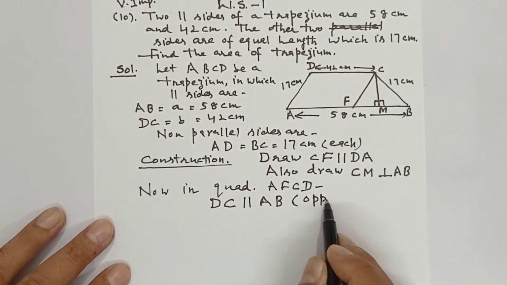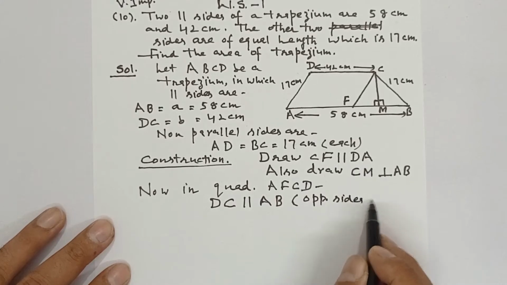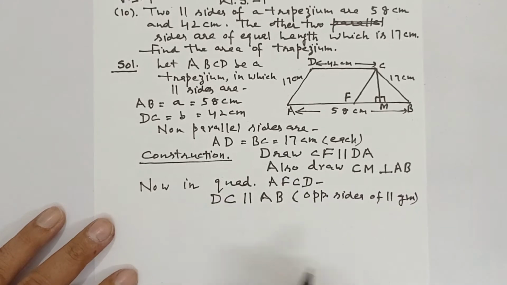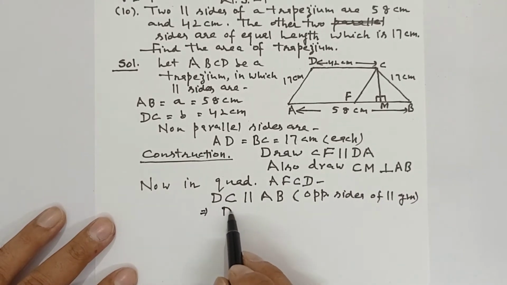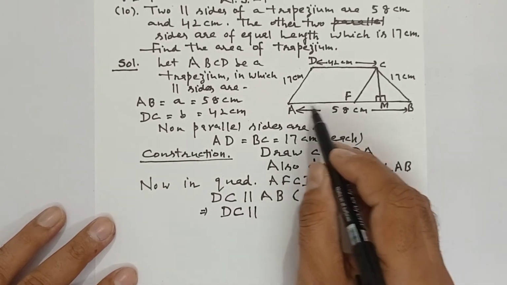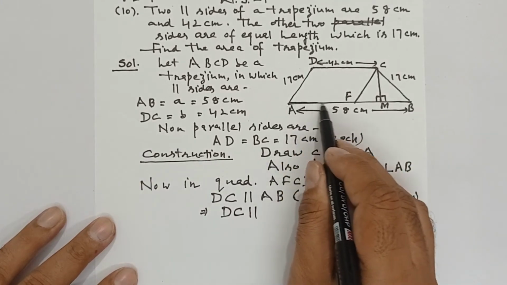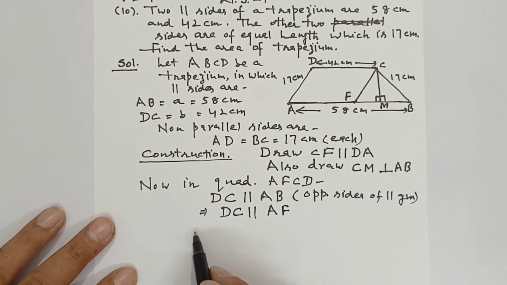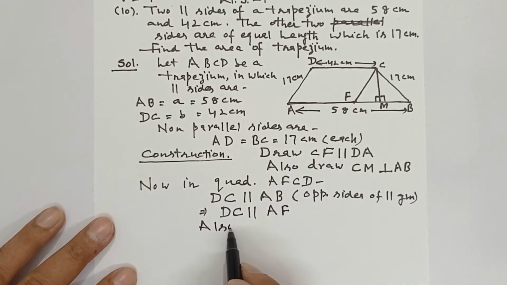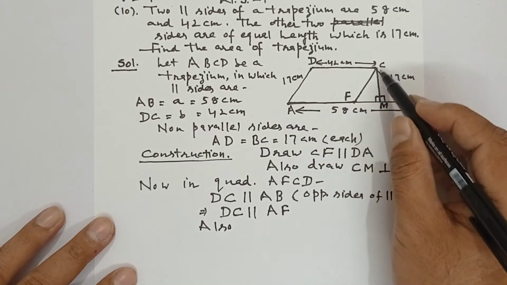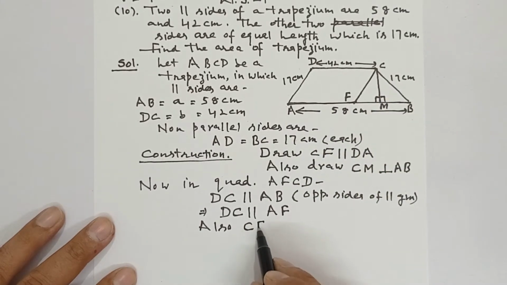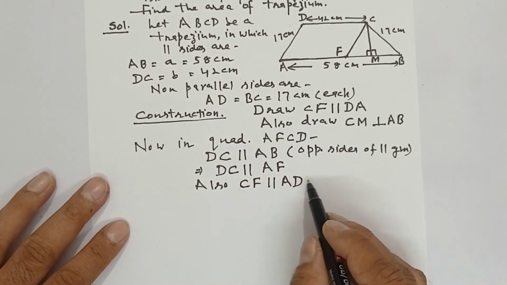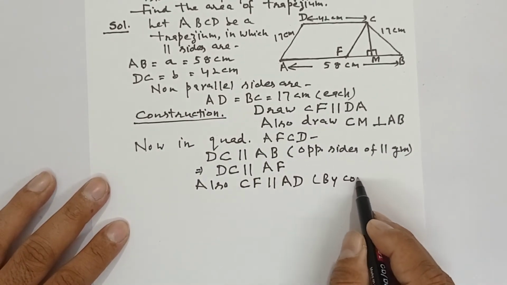Because opposite sides of a parallelogram are always parallel. Now DC will be written as DC parallel to AF, the part of AB, so I will write AF in place of AB. Also AD parallel CF. Yes, CF parallel AD you have constructed. So what will be written in the bracket? By construction.